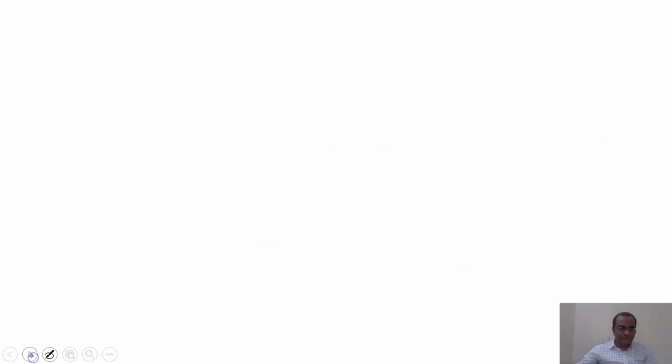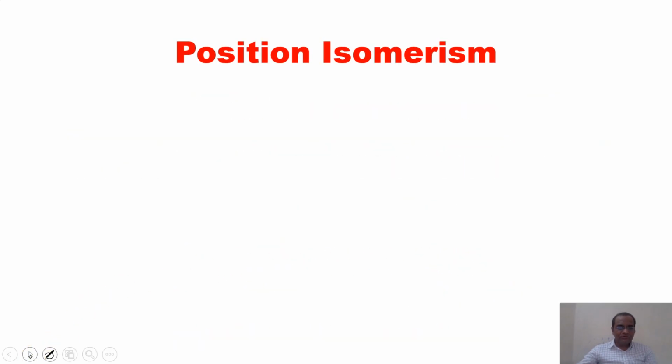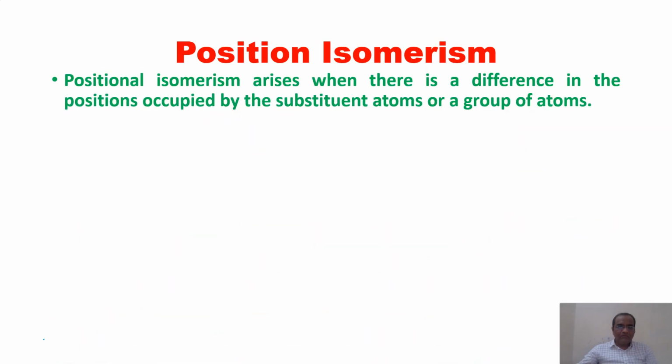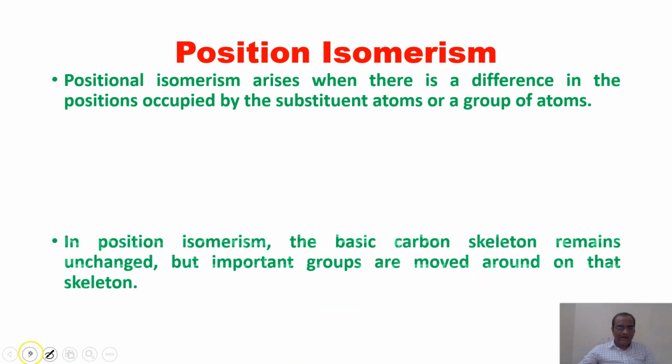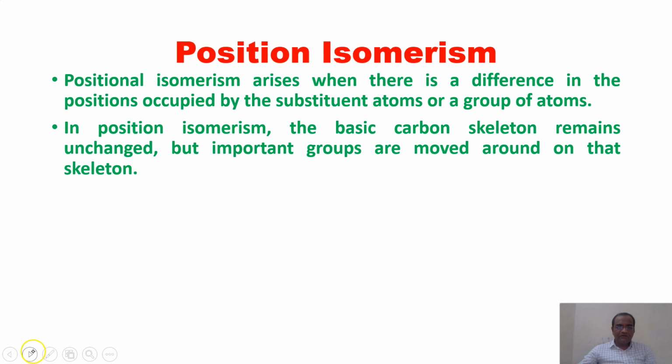Now the further class, that is position isomerism. Positional isomerism arises when there is a difference in the position occupied by the substituent atoms or a group of atoms. In position isomerism, the basic carbon skeleton remains unchanged, but the important groups are moved around the skeleton.